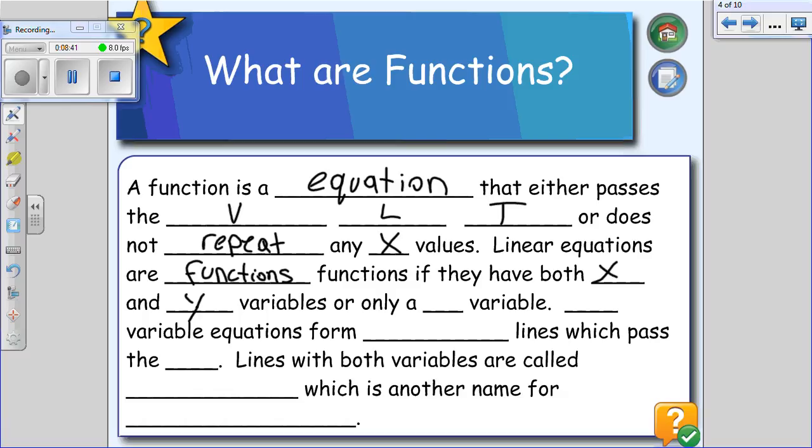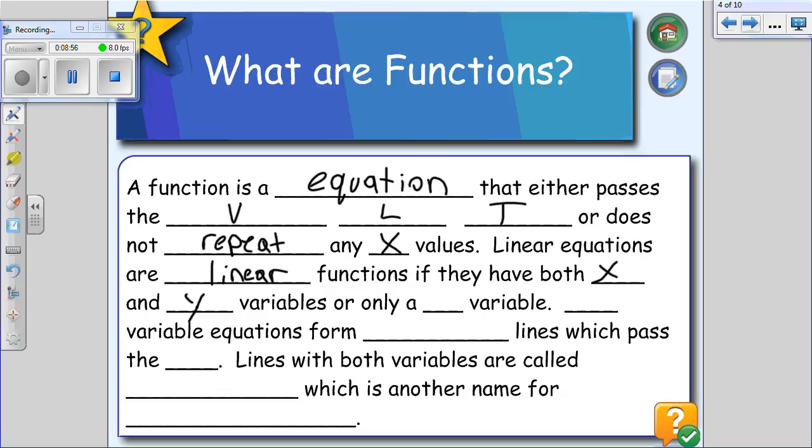I meant to put linear: they're only linear functions if they have both x and y variables, or only a blank variable.